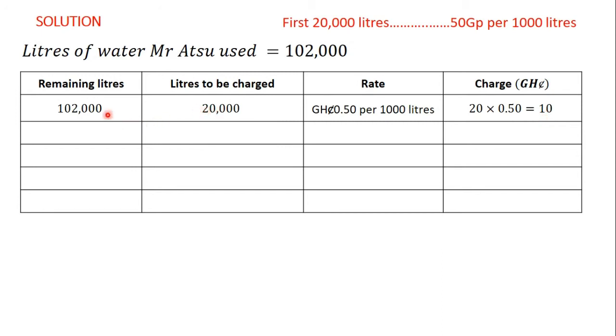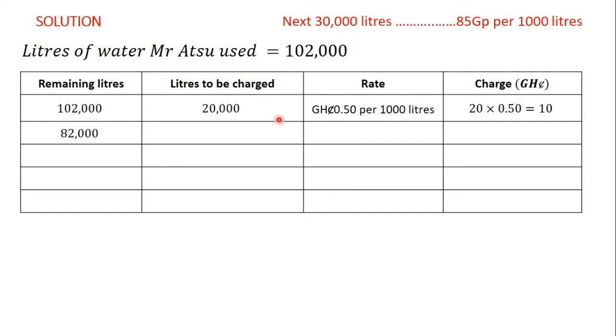Before that, we will have to find the remaining liters, and that is 102,000 minus 20,000, and that will give us 82,000. From the table in the question, we are told that the next group is the next 30,000 liters, and the charge is 85 Ghana pesos per 1,000 liters.